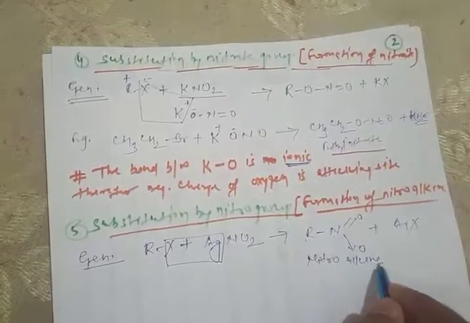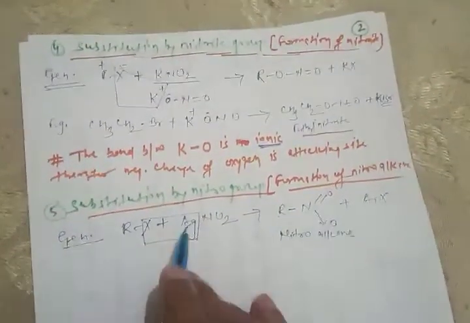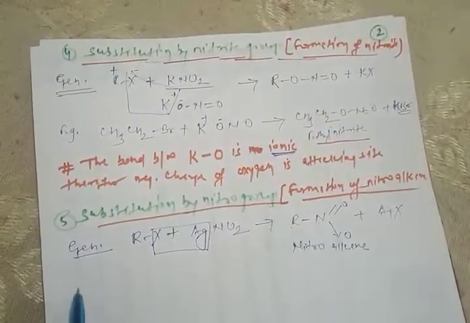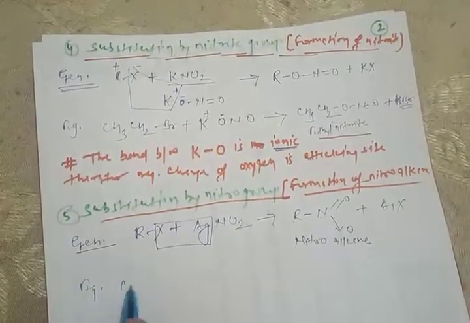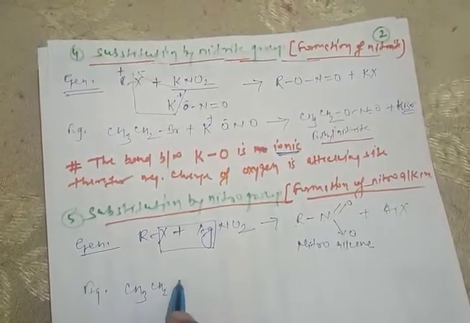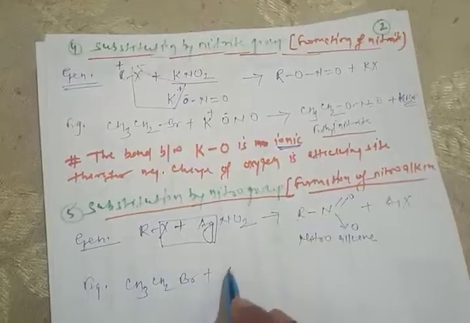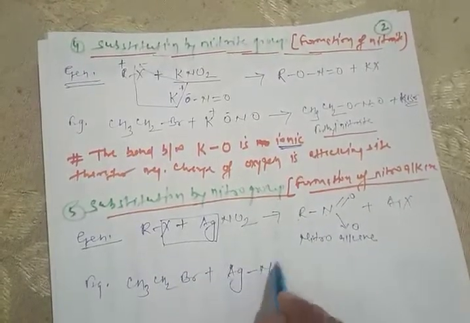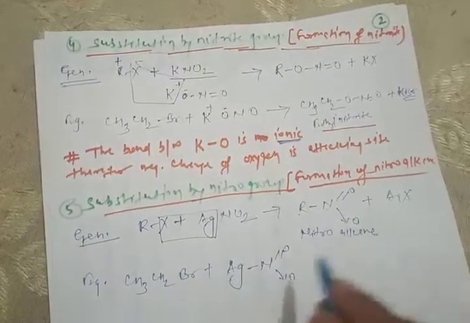Let's take an example of CH3CH2Br plus AgNO2. This is the structure.